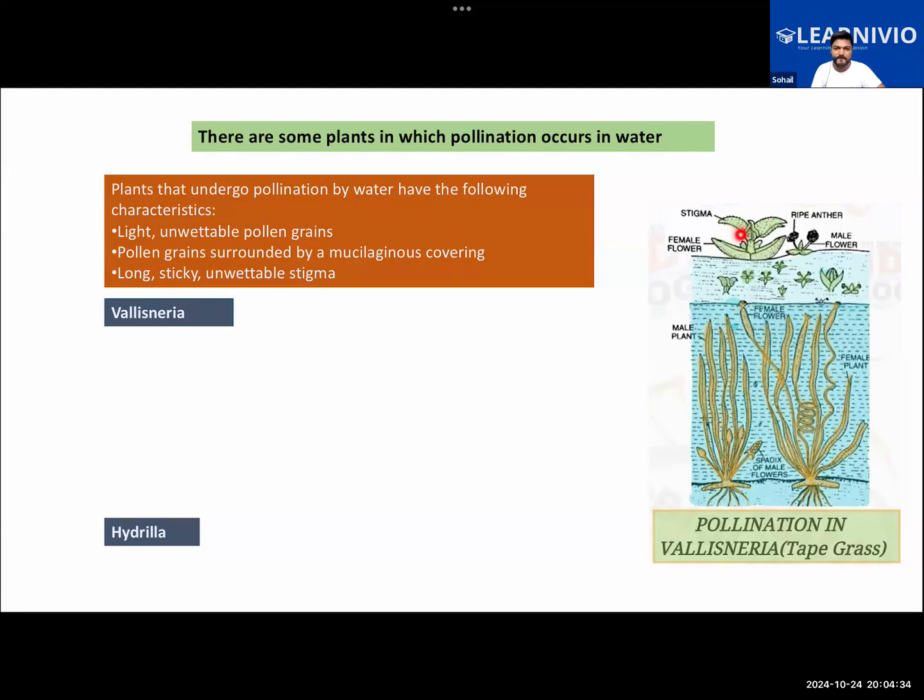Yes, Razan? How can we know if a flower is male or female? We will know by looking at the parts present in the flower. Like in this flower, we will identify that anther will be present. Inside the anther, pollen grain will be present. So anther and pollen grain are present in the male flower.